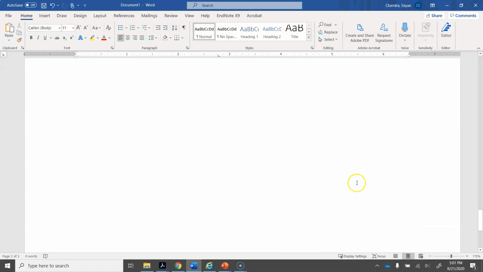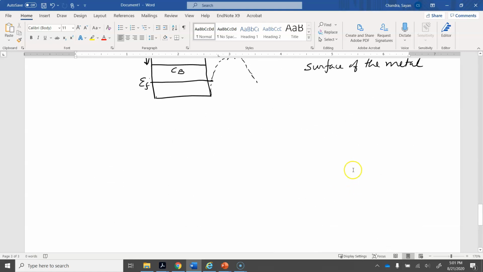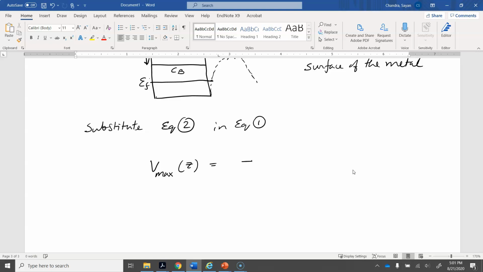If you substitute equation 2 in equation 1, you will get the magnitude of the maximum potential, which is negative V, e q over 4 pi epsilon naught, to the power half. Let's call that equation 3.